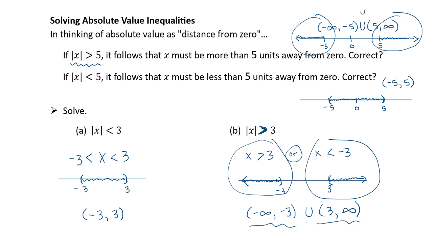On the other hand, if I have this absolute value of x less than 5, we'll always end up with a single inside interval. Our inequality sign is pointing in to the absolute value. So it's an inside interval, and we'll have a single inside interval as our answer.